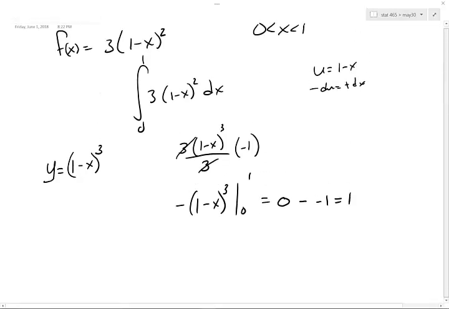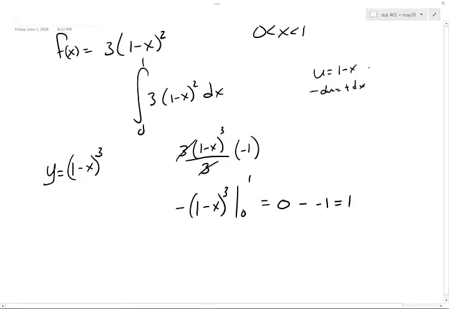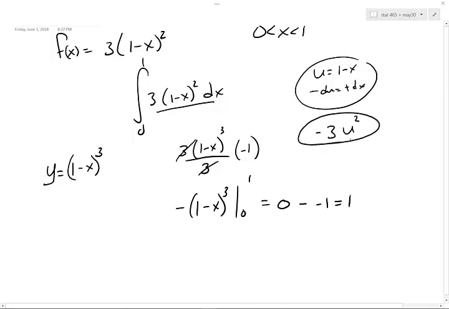You with me? So, like right here, when we said, hey, let's let u equal this right here, then we changed this guy here to 3u to the second power with a negative in front of it. In other words, you have already done, if you will, the change of variable formula. You've already done it. So you're already accustomed to that.